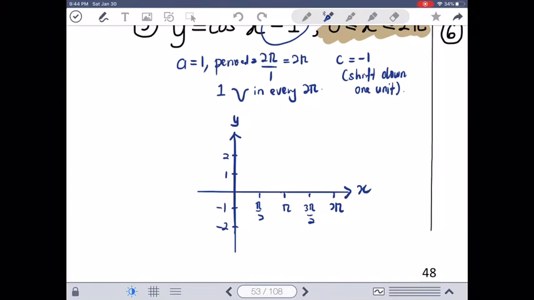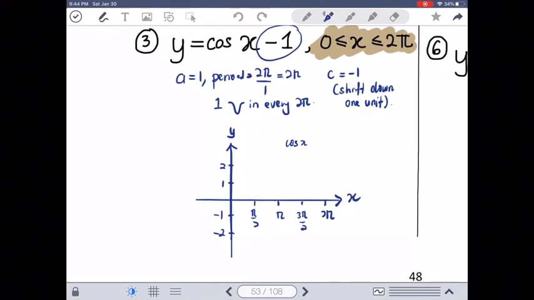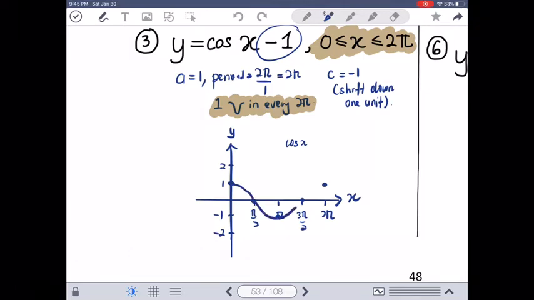We start with cos x first. Okay, cos x. Look at the cycle: 1 cycle in every 2 pi. So for every 2 pi we have 1 cycle. Okay.